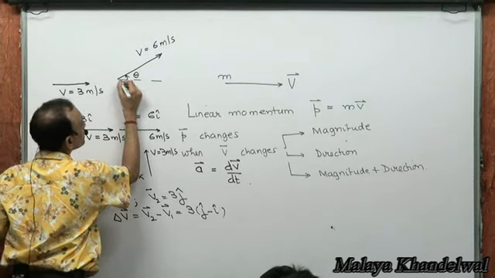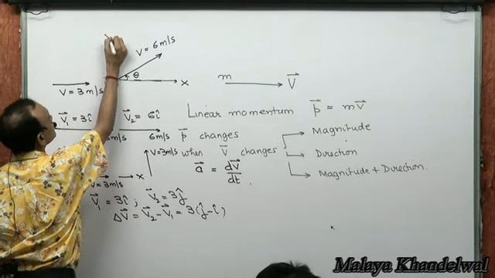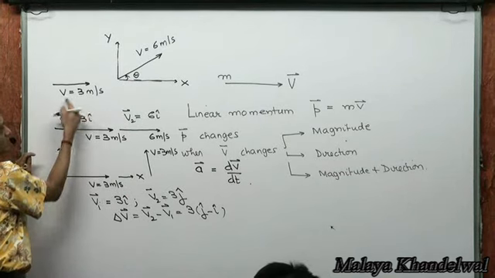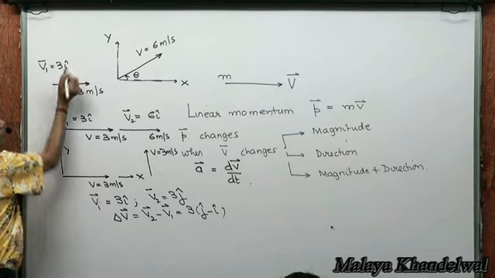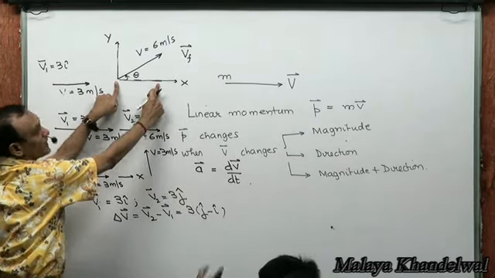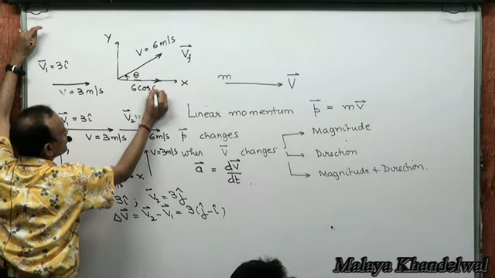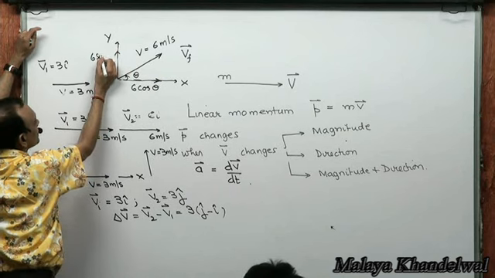Now, let me look at this case again, this being the x direction, this being the y direction, right? What's the initial velocity vector in this case? 3 i cap. What's the final velocity vector? Can you tell me? It has a component 6 cos theta like this, and it has a component 6 sin theta like this.